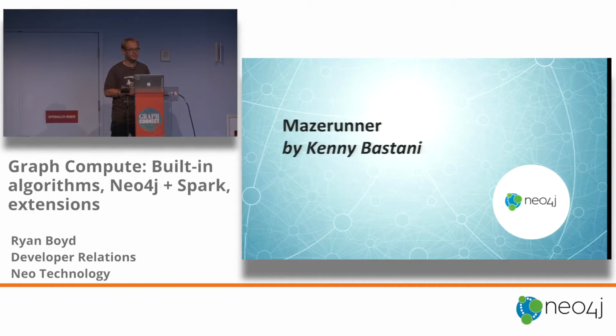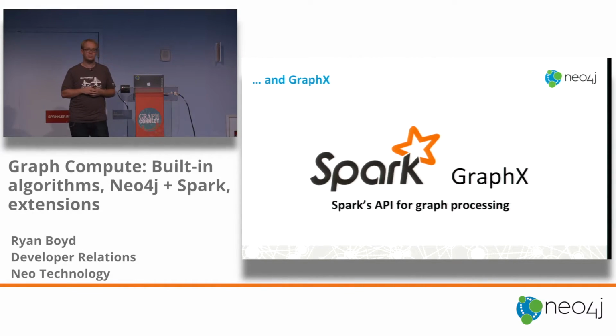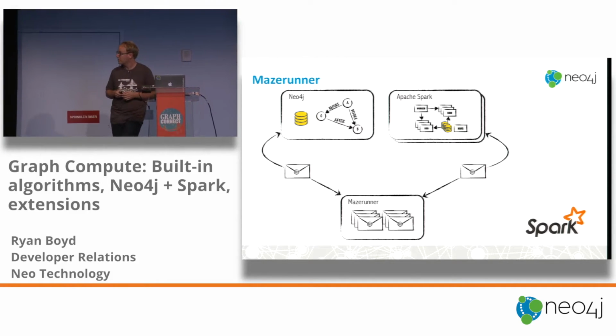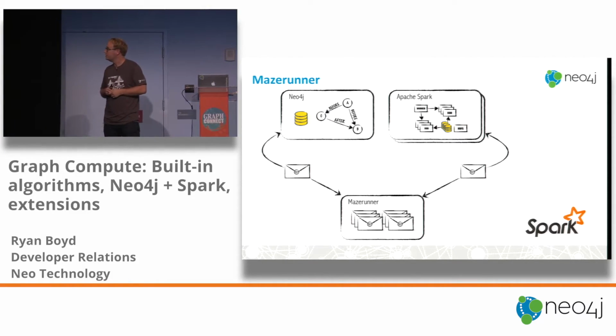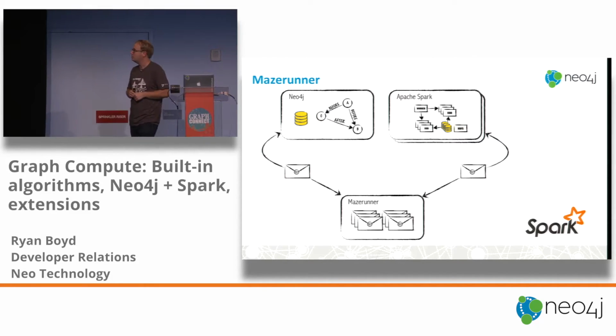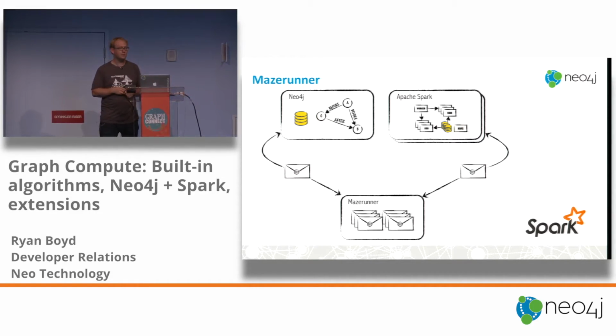and we'll definitely take that into consideration. So Maze Runner is based off of Spark. Spark is all about in-memory, large-scale data processing, and it uses Spark's GraphX, which is their API for graph processing. And this is the general architecture of how it works. At the top left we have Neo4j, and top right is Apache Spark. Basically what happens is you do a query on Neo4j, and we'll see that shortly.